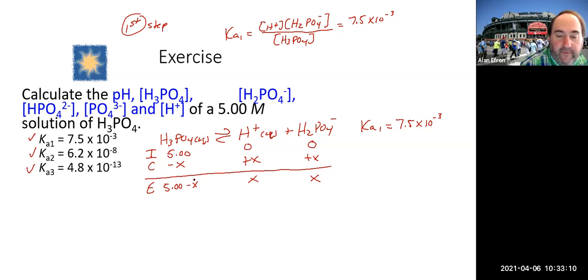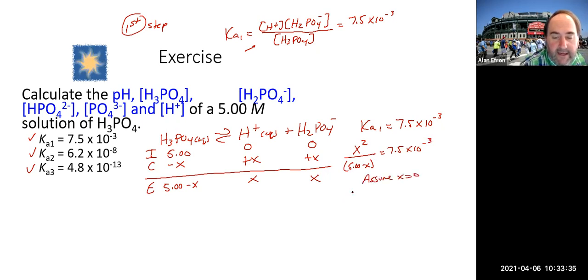Just like we've done before, we're going to take these values, put them into our K expression here, and solve for X. If we do that, that will give us X squared divided by 5 minus X is equal to 7.5 times 10 to the minus 3. I'm going to make my assumption here and assume that X is approximately 0.